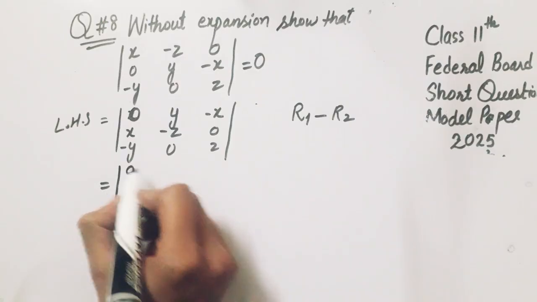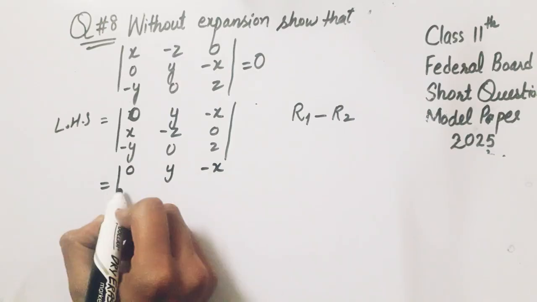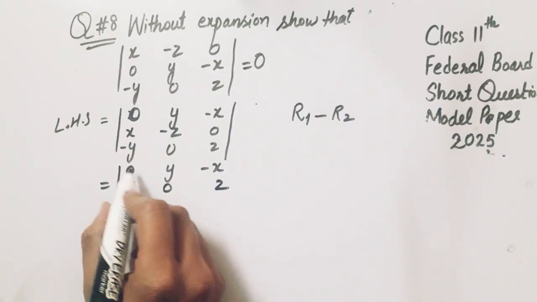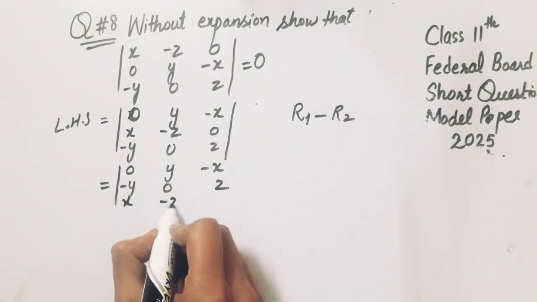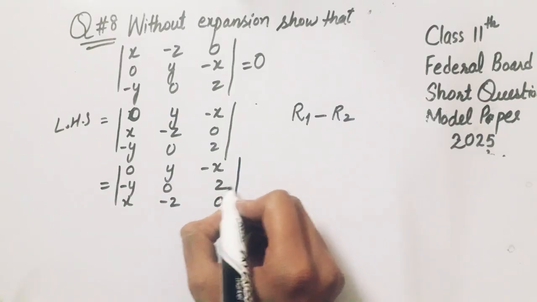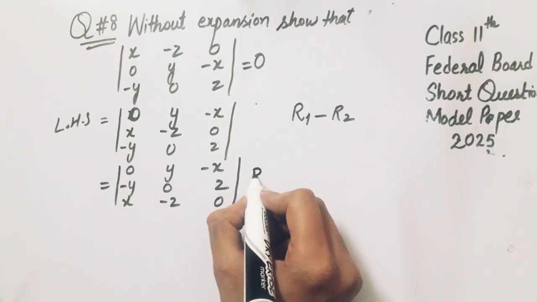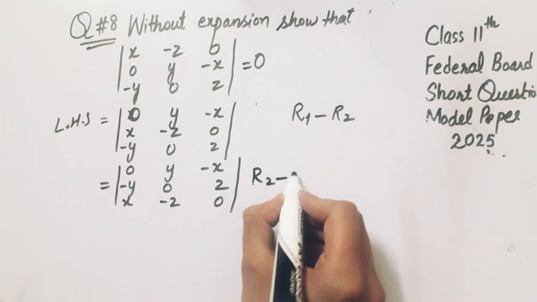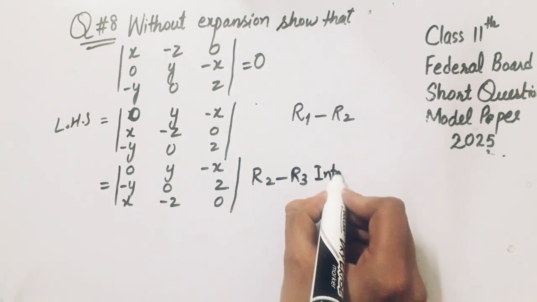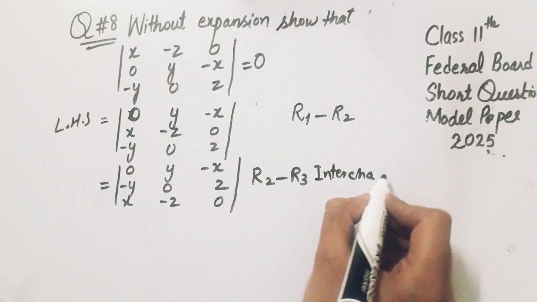So 0, y, minus x, minus y, 0, z, and in the next row you have x, minus z, and 0. Now you have 0 in the diagonal, so you apply the operation R2, R3 interchange.